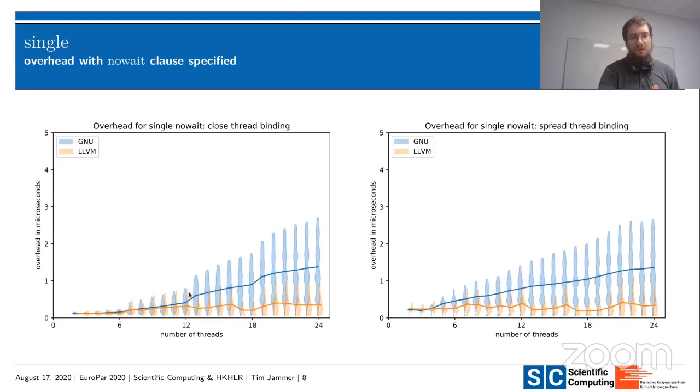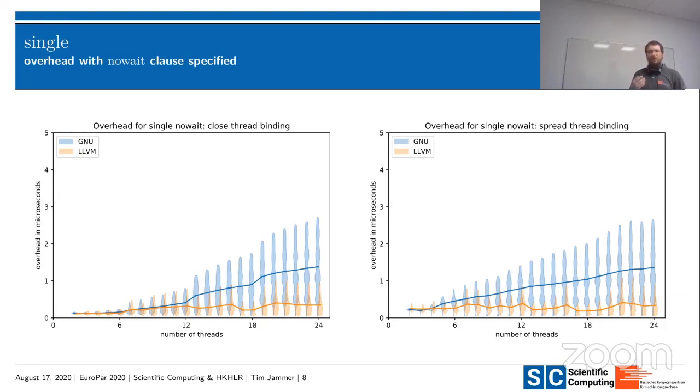But if you look very closely, here you can see at 12 or 18 threads, there is a rise in the overhead for the GNU implementation. And this is because our system is organized into 4 NUMA nodes with 6 cores each. So if the next thread is placed on the next NUMA node at 12 or at 18 threads, then you can see the impact of this. This is why we will utilize the closed thread binding for the rest of this presentation.